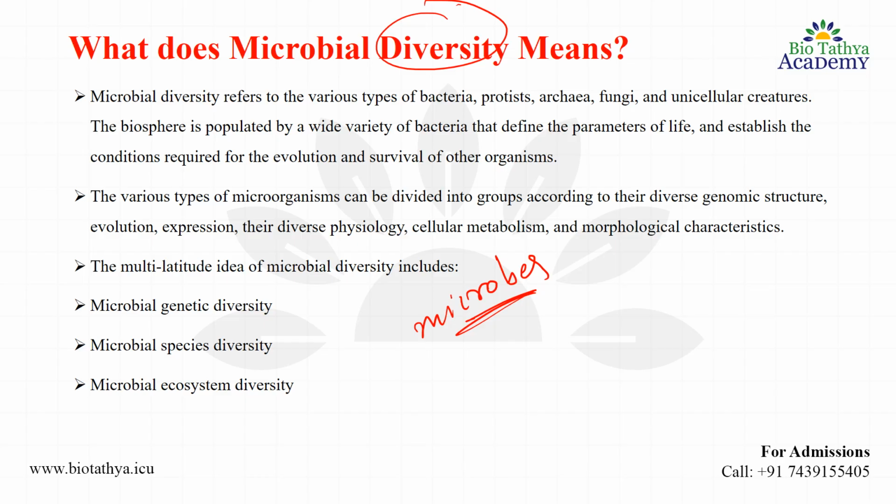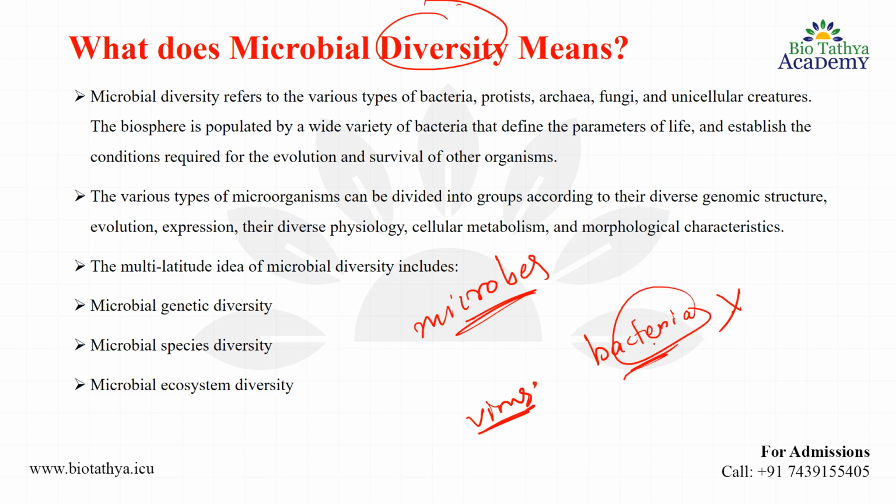Now if I talk about microbes, microbes don't only deal with bacteria, they deal with different kinds of microbes. It can be protists, it can be archaea, it can be fungi, it can be any other unicellular creatures, that is viruses as well. Most probably, when we talk about microbes, we basically understand it as bacteria, but this is completely a wrong concept.